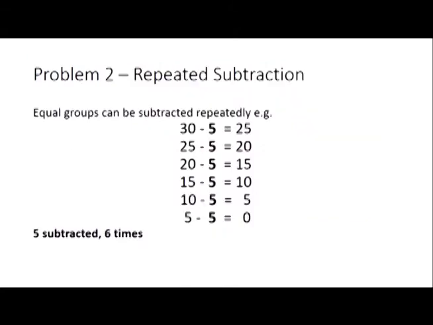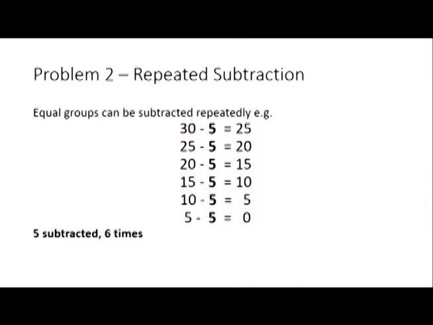With problem 2, we can also use another simple approach, which is repeated subtraction. And you saw us doing that with the number of mangoes in the set, which was 30. I took groups of 5, and every time I took a group of 5, and I kept taking it away from the original number of 30. This is a method you can use if you do not want to use division, and it can be used with small numbers. When you get to larger numbers, it may be a little bit tedious, but it can work.